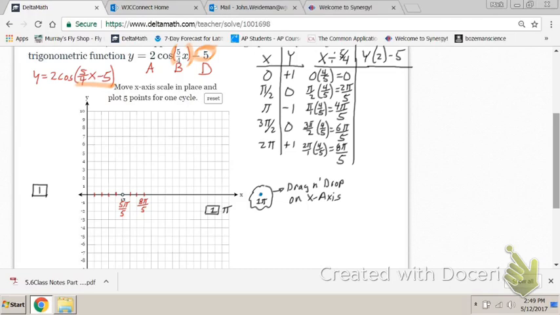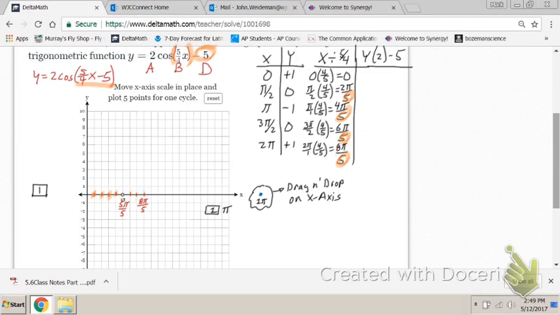Why did I do that? I did that because I look at my denominator here. If I set it at 5, then that means that each of these little tick marks is 1/5, 2/5, 3/5, 4/5, 5/5, 6/5, 7/5, 8/5, which is as big as my x-axis goes. It goes over to 8/5 pi.